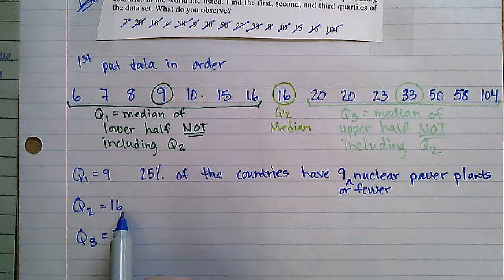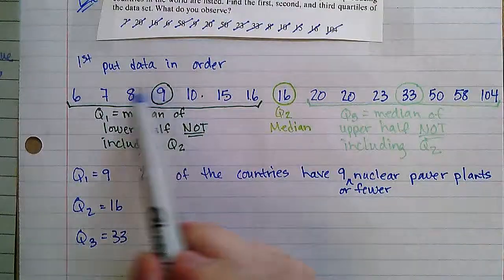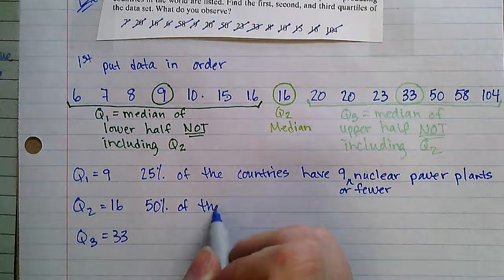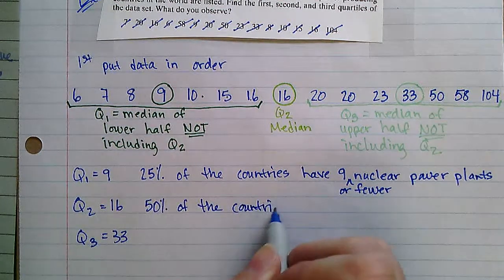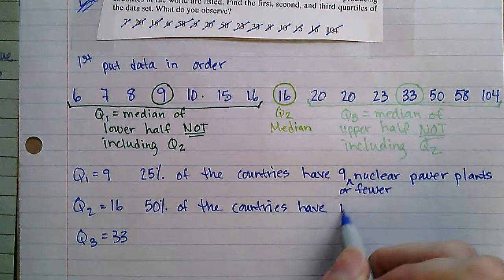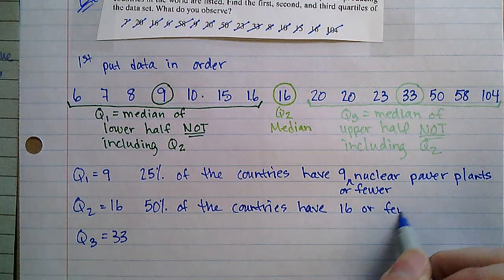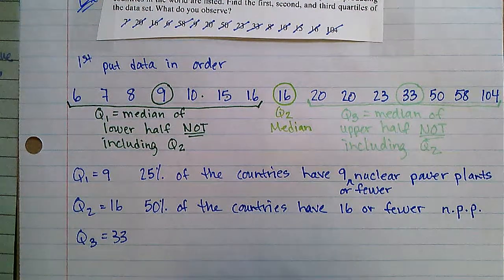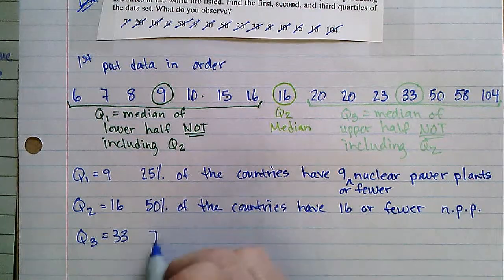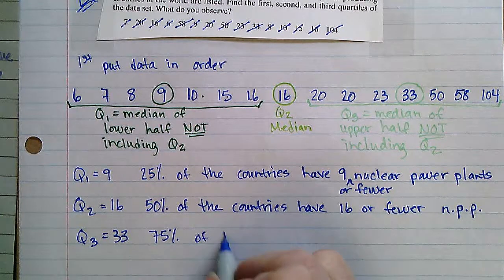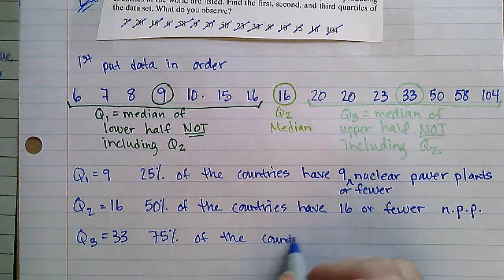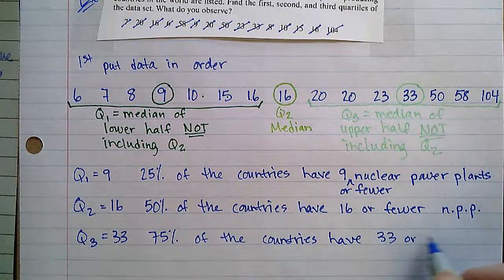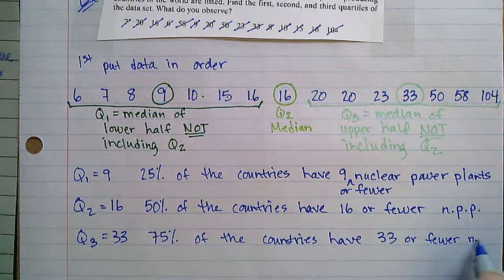And then since Q2 is 16, we would say that 50% of the countries have 16 or fewer nuclear power plants. And then Q3 is 33, which means that 75% of the countries have 33 or fewer nuclear power plants.